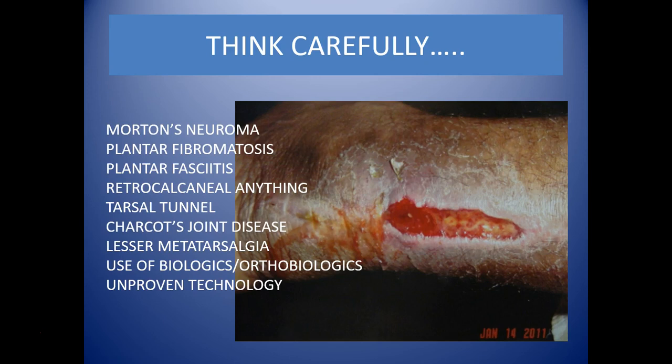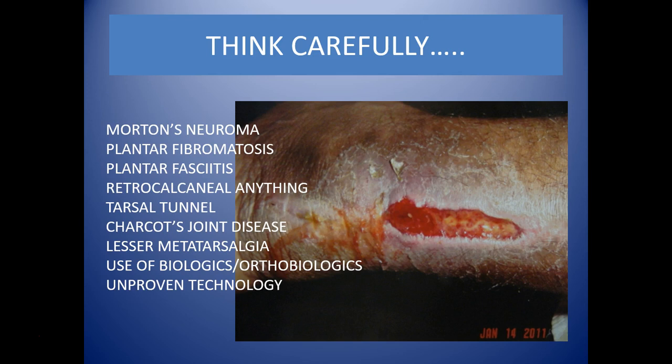There are some procedures, I think, that are very much associated with a higher risk of complications. I think the older you get, the more you become more selective in the procedures that you wish to do for people. I think when it comes to Morton's neuromas, plantar fibromatosis, plantar fasciitis surgery, retrocalcaneal anything, tarsal tunnels, Charcot joint reconstructions, lesser metatarsal surgery, using biologics and orthobiologics or any type of unproven technology.